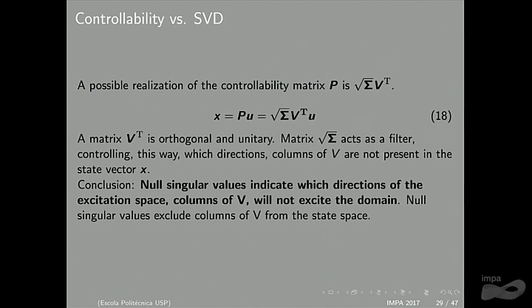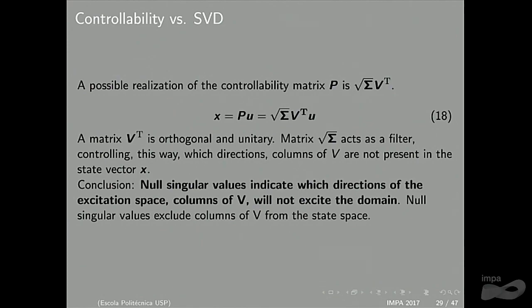At the same time, we can see a controllability matrix that is the square root of sigma times matrix V transposed. And in this case, the singular values indicate which directions of the excitation space will not excite the domain.